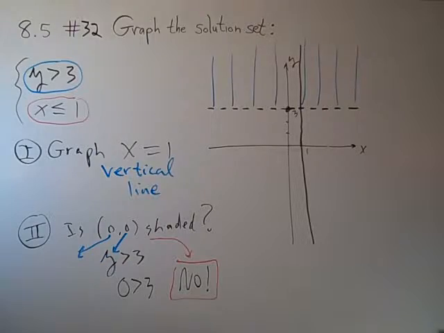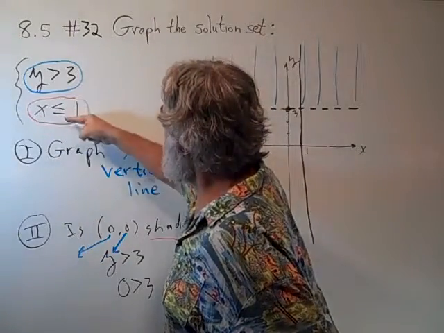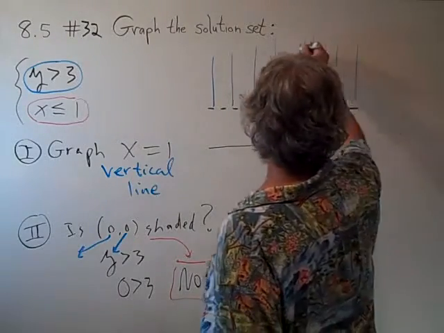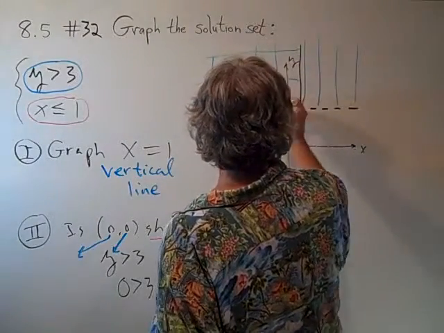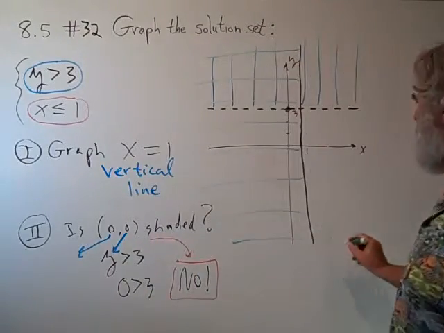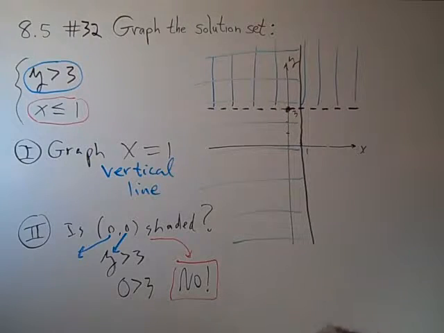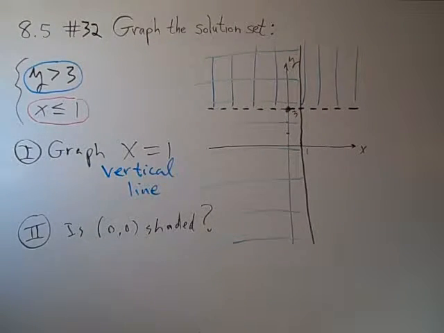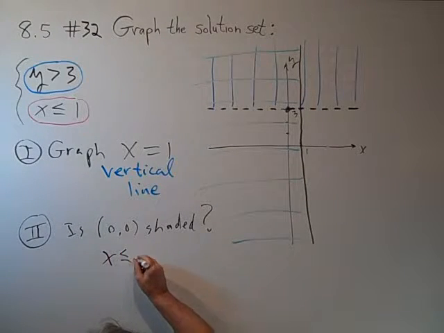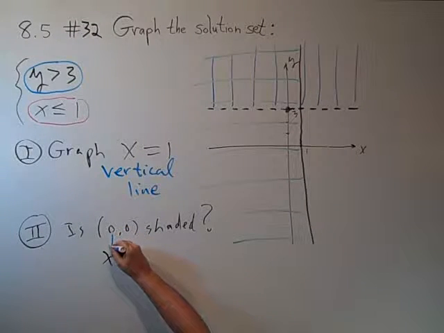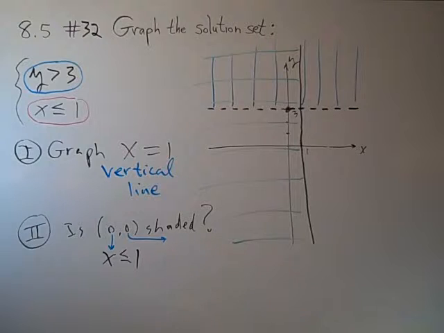As to which side of the line to shade, x is smaller than 1 means to the left. So we'll plot the points to the left of that line. We can also see that the origin in this case would be shaded, because if we write the original inequality and substitute x equaling 0, y, we don't care.